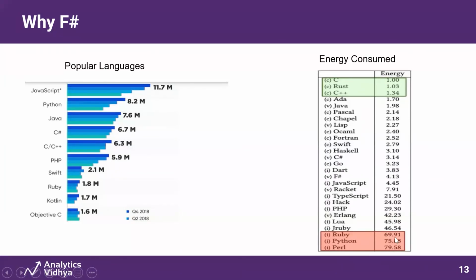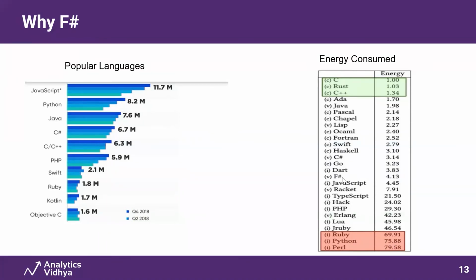These three are in the maximum or red zone. When we are talking about sustainable development, sustainable architecture, and green machine learning, the UN resolution for 2030 says we need to reduce our carbon emission. So going with these languages won't definitely be good. I am not saying F sharp has great energy consumption, but it is still better than what we see in Python, 75.88.